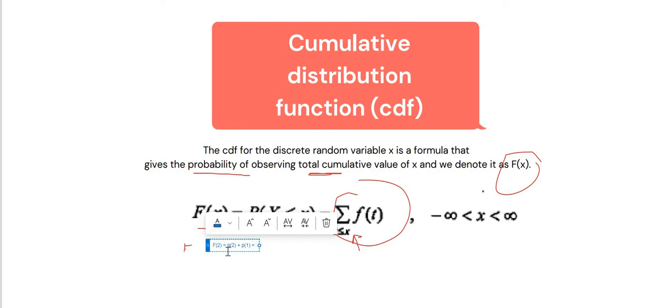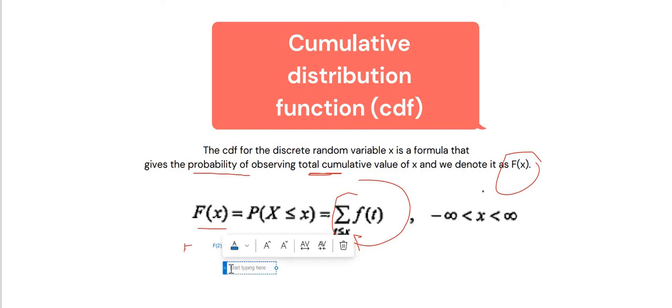So it must be the addition of these two. If the question asks you to find F(3), for example, what does it mean? It is equal to the probability of 3 plus the probability of 2 plus the probability of 1. That's what I mean.